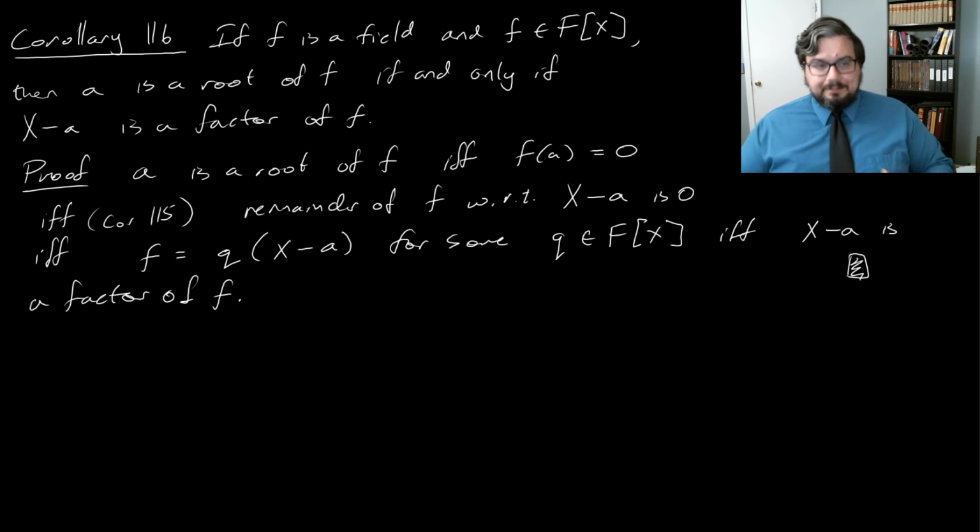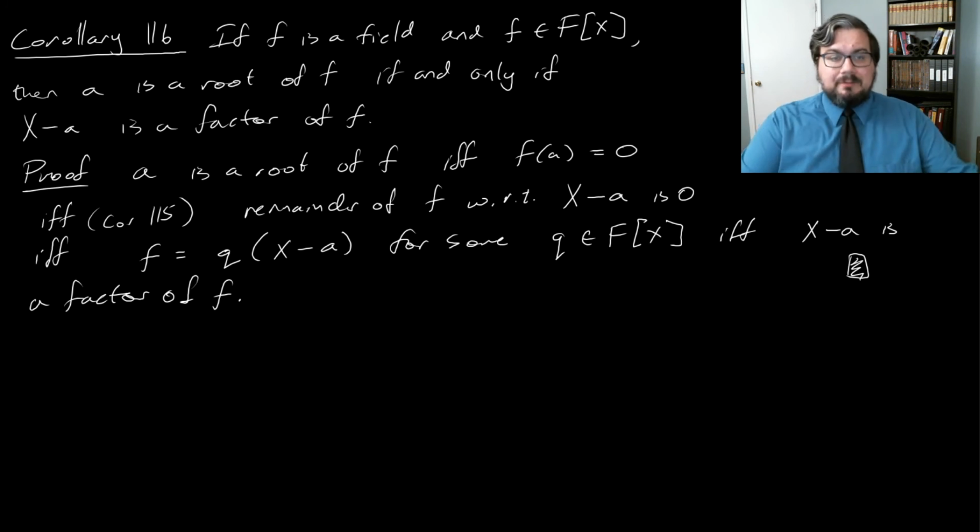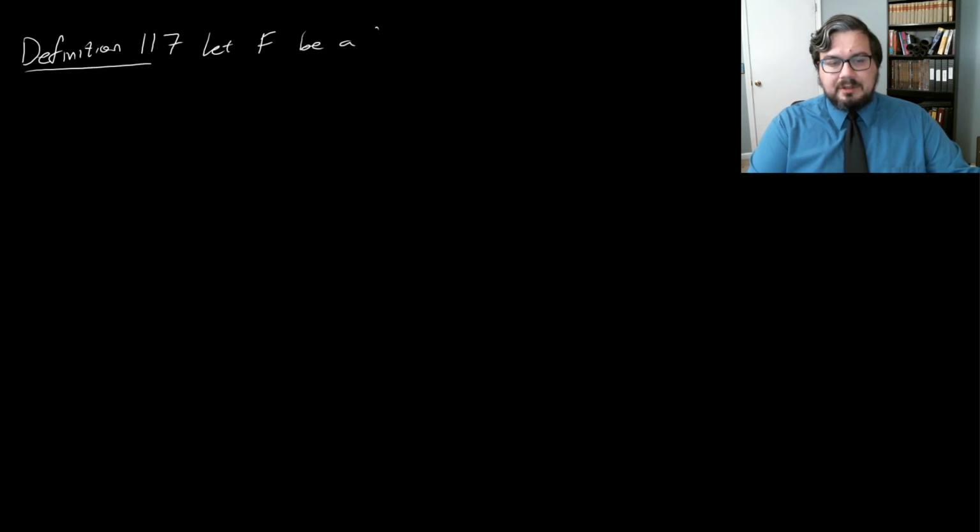This corollary leads us to one of the most useful and well-known theorems in algebra from high school, from college algebra, which counts the possible number of zeros of a function. Now, to make this work properly, we need to give the definition of multiplicity. Definition 117. Let F be a field.